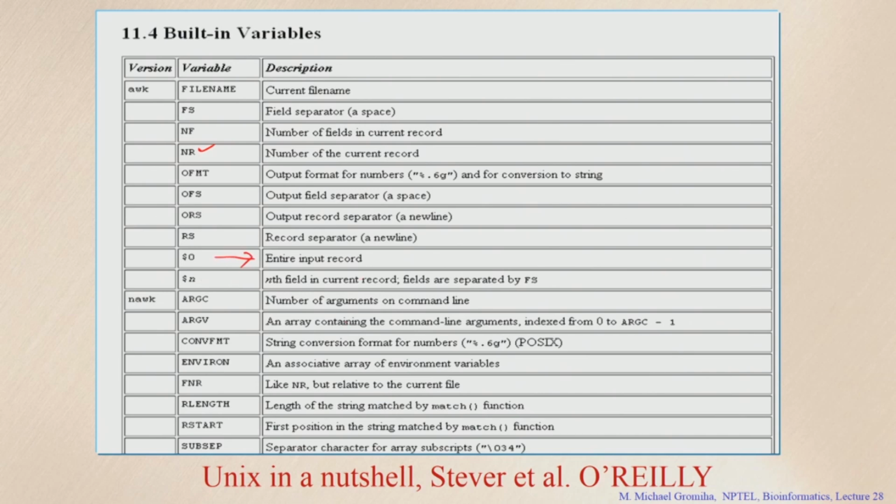Likewise, you can see FNR, like NR but related to the current file. You can see any of these variables and get the description, right, and accordingly you can manipulate these files using this awk command. So, you can see some of these available in awk and you can find more information, right. You can also use nawk, right, for more information.